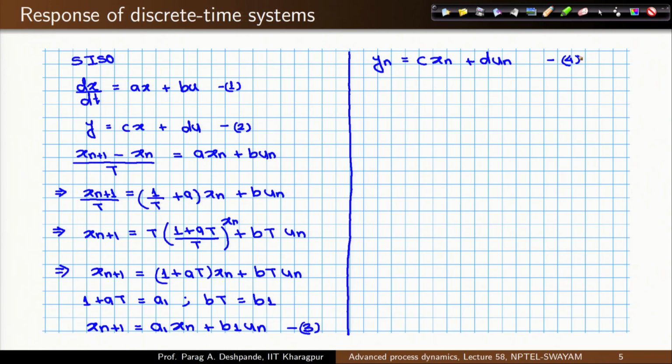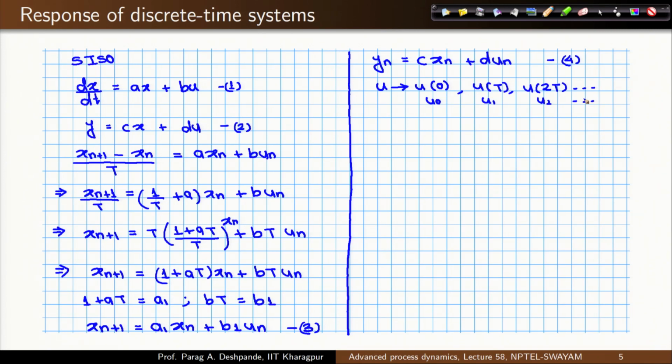So, let us see how this scheme works. You have u, and u would be known at 0, T, 2T, and so on, and all of these would be known. Let us call these u0, u1, u2 and so on.